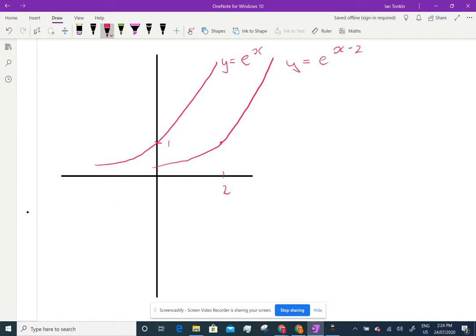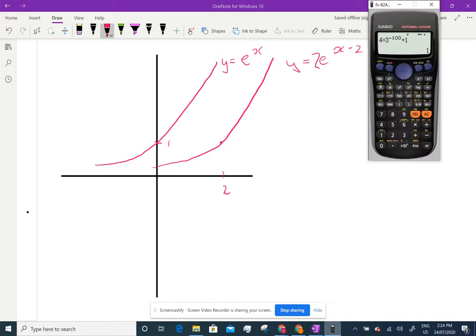But we've got a 2 in front of it. So what does that do to this thing? Well, it's going to make it steeper, but it's also going to change what happens when x is 2. So if in doubt, you can type it in on your calculator.